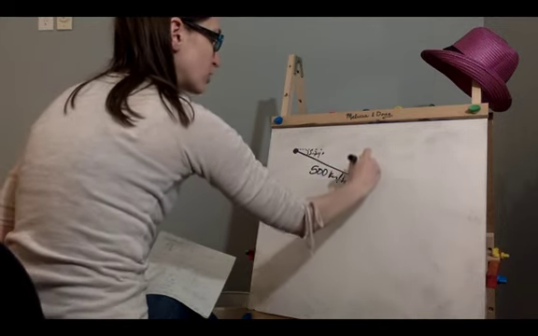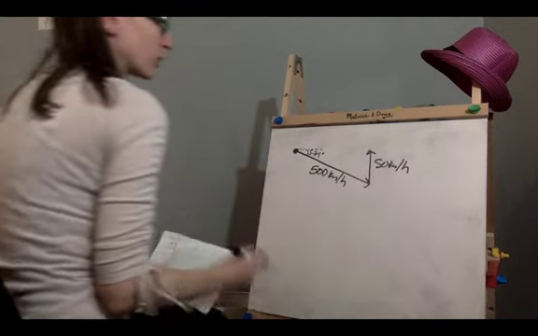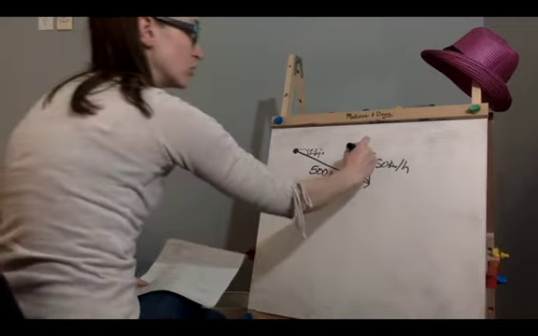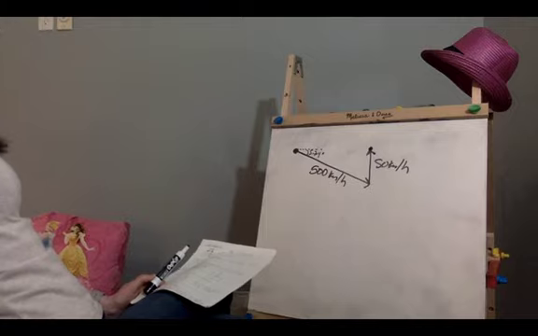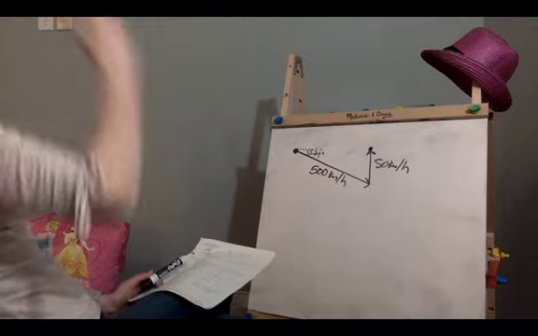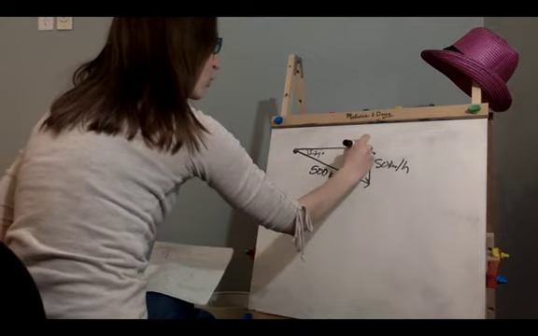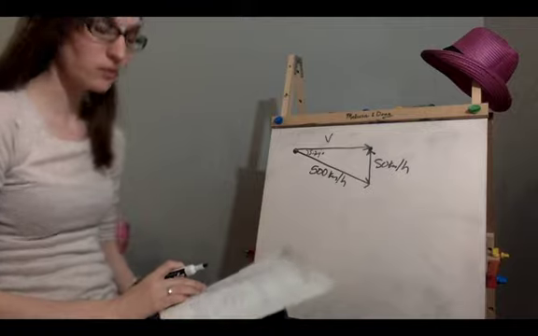The wind is still pushing at 50 kilometers per hour north, and we are trying to figure out, relative to this person standing over here on the ground, how fast is that plane coming at me straight from the west coming to the east? What is this velocity here?